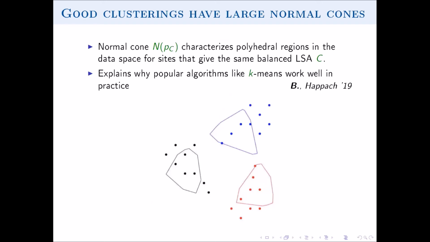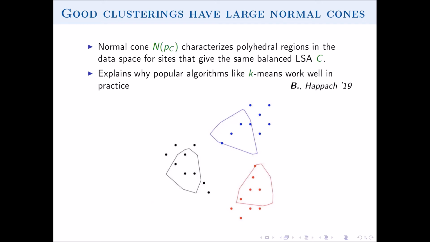These normal cones actually specify polyhedral regions in the underlying data space in which you can move the sites around and still get the same balanced least squares assignment. So you can map out the information from the normal cones in the original data space. And the fatter, the bigger these regions are, the better.